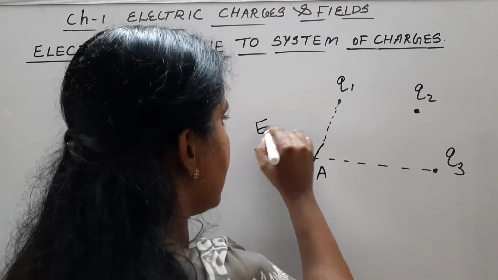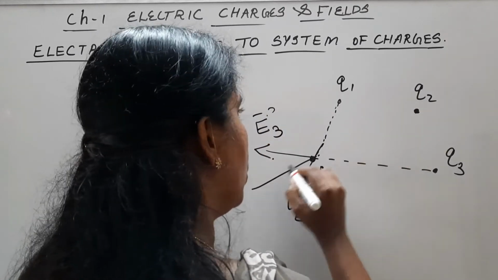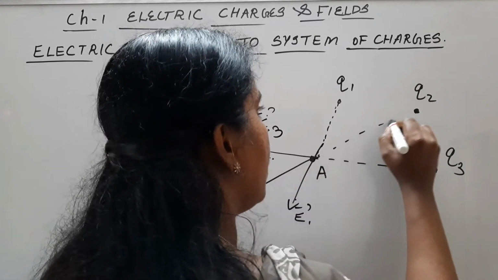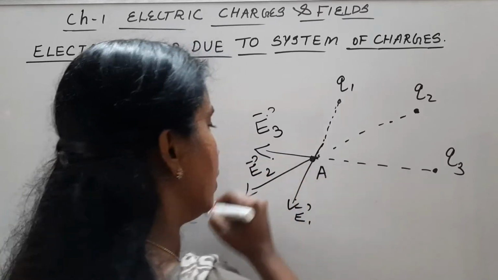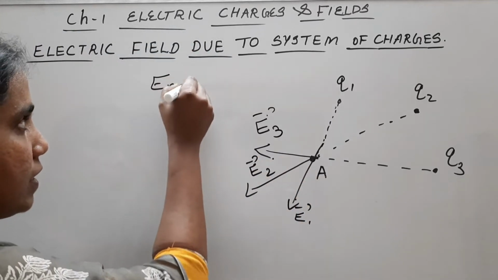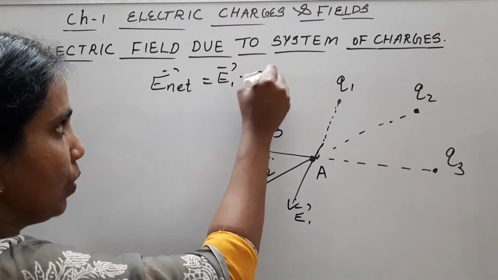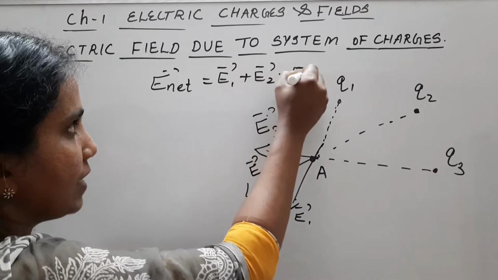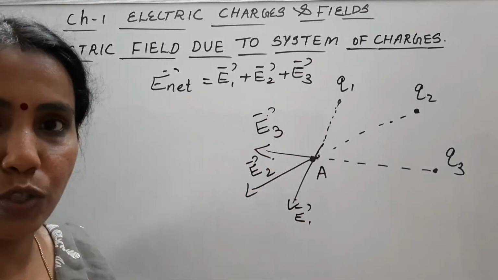Let's call that electric field E3. And due to Q2, the electric field will be along this direction, and the electric field is E2. The net electric field, E net, is equal to the vector sum of electric fields due to individual charges. That's what we mean by electric field due to a system of charges.